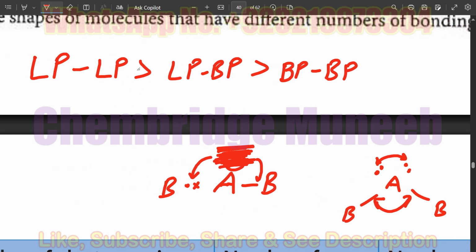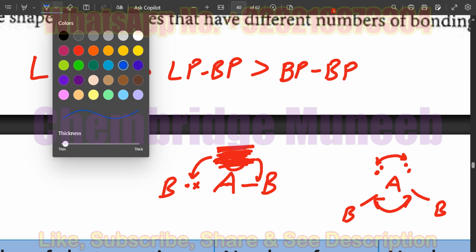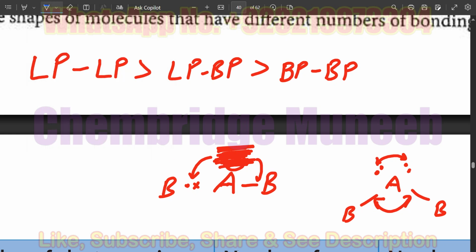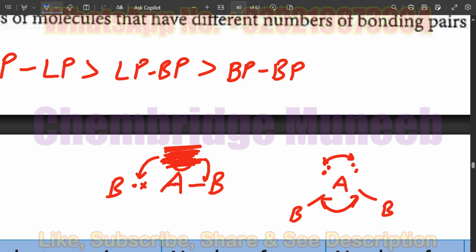So that's how we can arrange this order. Lone pair to lone pair repulsion is greatest, then comes lone pair to bond pair, and the least repulsion is between bond pair to bond pair. Now when there is the greatest repulsion between lone pair to lone pair, the angle between these atoms will reduce even further from 107 degrees.